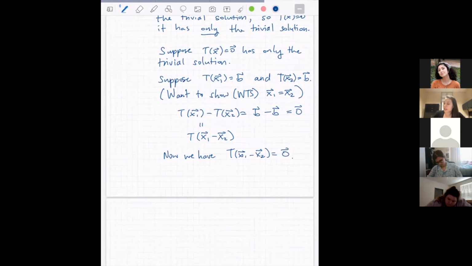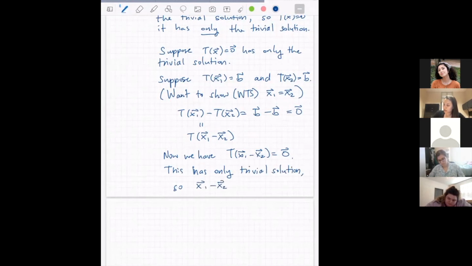And we know that this has only the trivial solution because we assumed that that was the case. So that means that X1 minus X2 is equal to the 0 vector, which means that X1 is equal to X2. Right? Okay, so we showed what we wanted to show, which was that T is one-to-one.